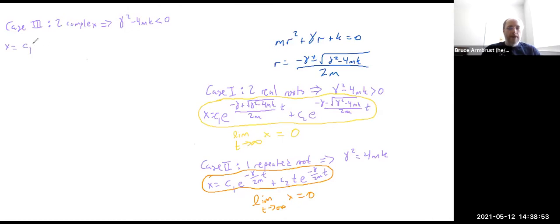All right, in this case, what we're going to get is e to the minus gamma over 2m t times C1 cosine of square root of gamma squared minus 4mk over 2m times t plus C2.